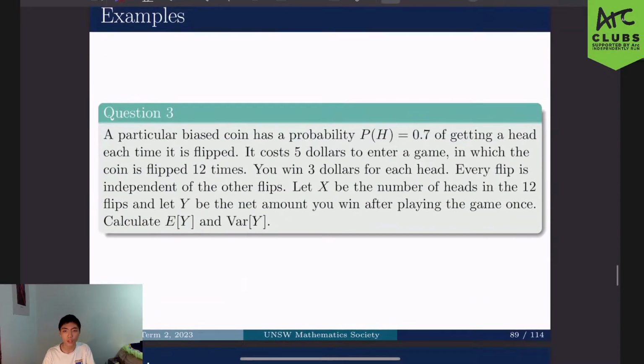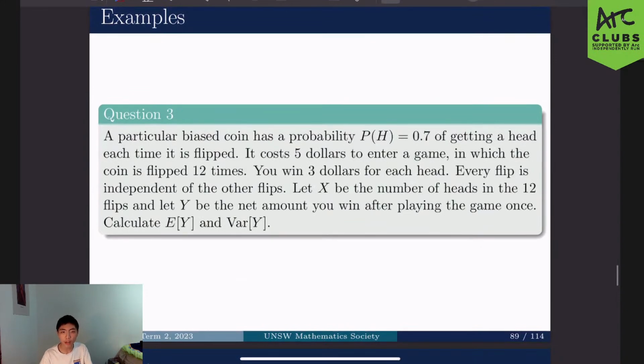Example now. This question is a simple calculation, but what I wanted to bring up is that if you're able to use a shortcut for a question, you should consider doing that, right? The first time my friend asked me about this question, I decided to do it the long way. I listed out the two cases, 0 and 1, so a head or a tail.